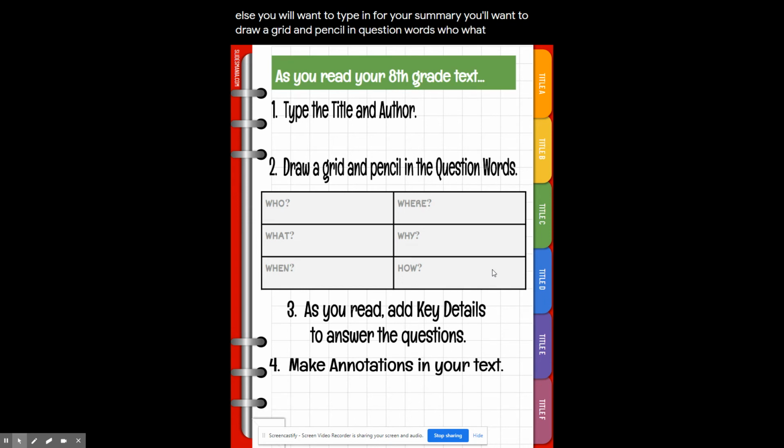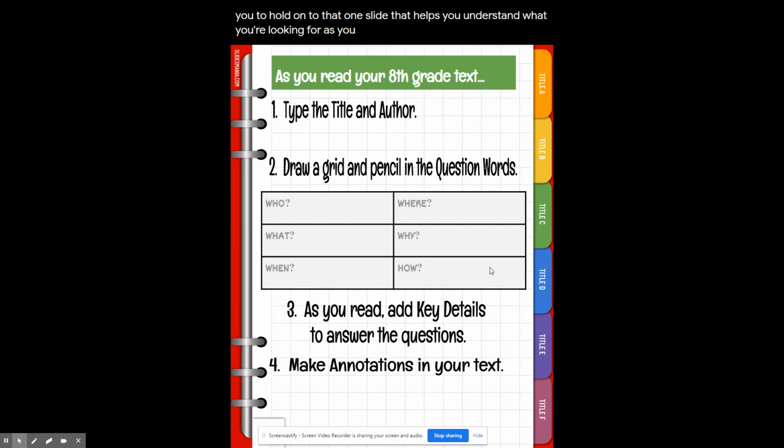Who, what, when, where, why, and how. As we read, right now we're reading Mrs. Flowers, we want to add key details to answer the questions. Who, what, when, where, why, and how. I encourage you to hold on to that one slide that helps you understand what you're looking for.